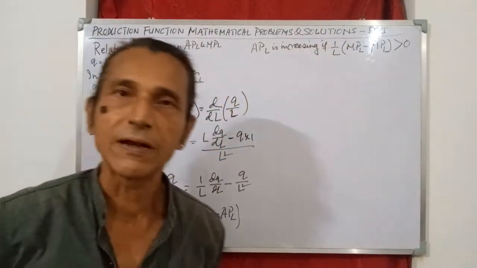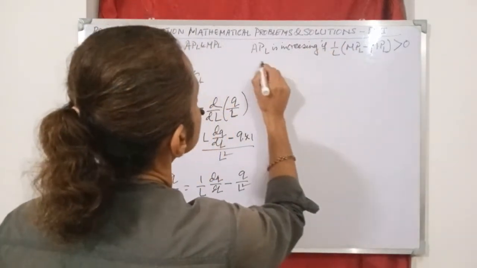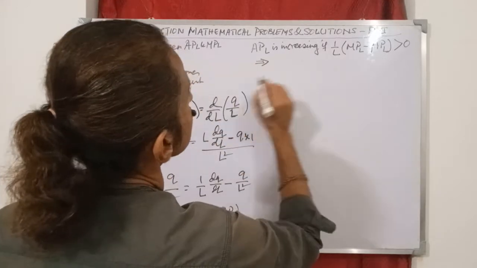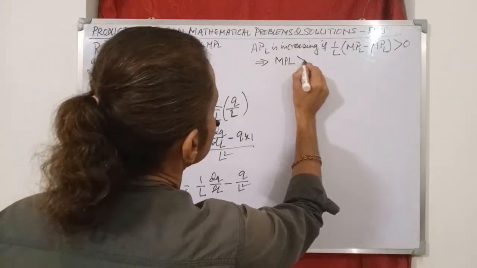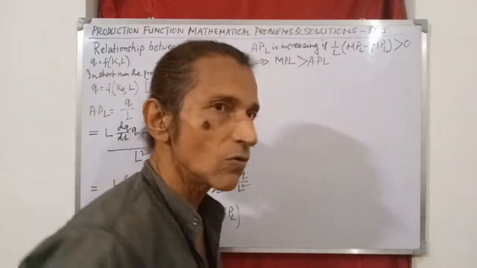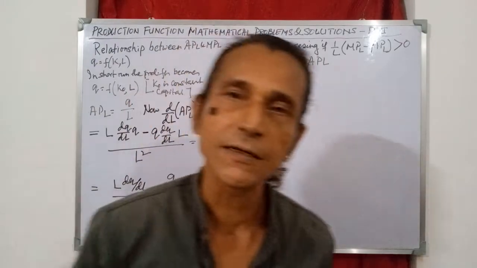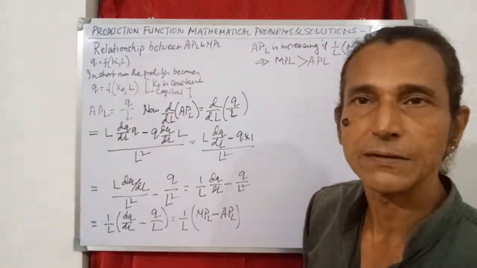Only then APL will be rising. This means MPL is greater than APL. So when APL is rising, MPL is greater than APL.